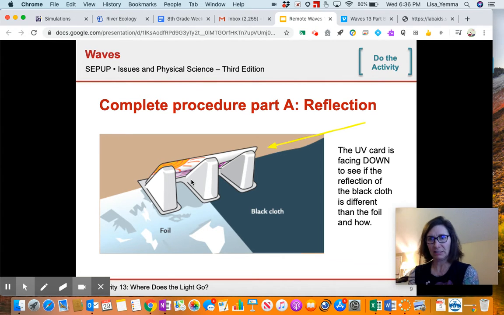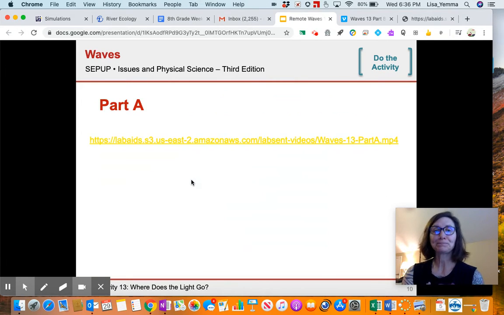Intuition tells you, of course the foil is going to reflect. It's shiny. The black cloth is a different material, and it may or may not act differently.